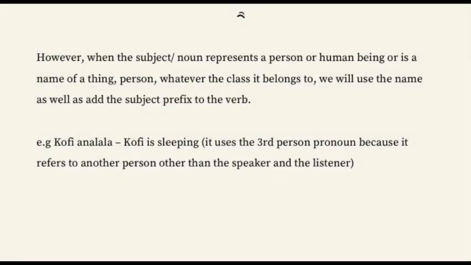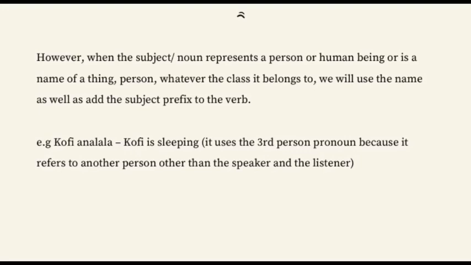However, when the subject noun represents a person or human being, or is the name of a thing, whatever the class it belongs to, we will use the name as well as add the subject prefix to the verb. For example, if we want to use a name apart from the pronoun mimi, then we have Kofi.